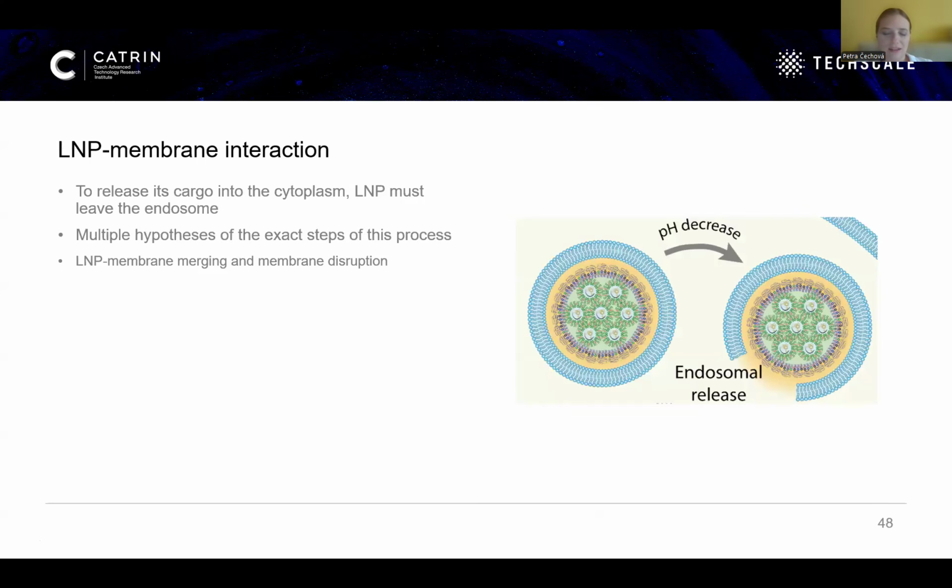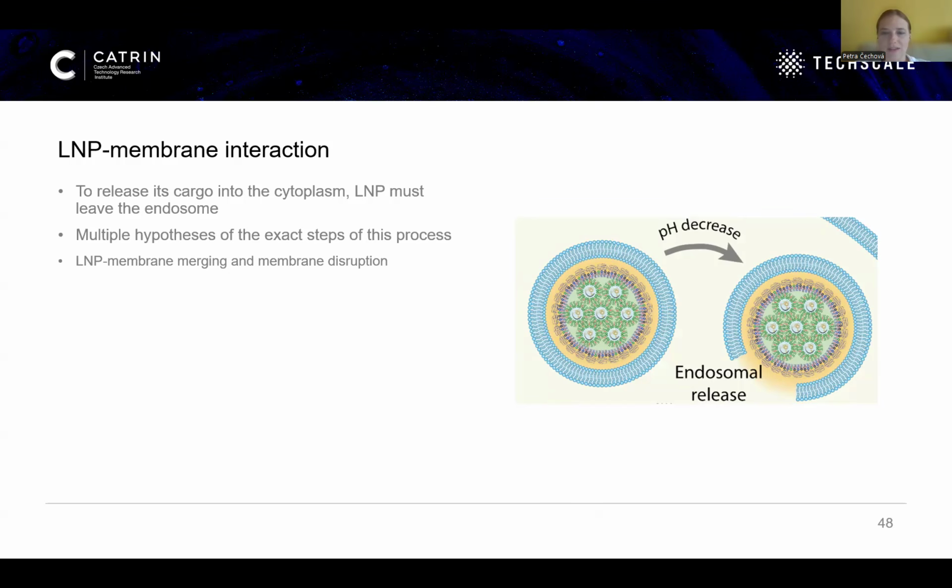And we prepared them to study this part of the life cycle of the lipid nanoparticle, because there are many hypotheses about how it actually gets outside of the endosome, or how it releases the cargo into the cytoplasm. And one of the hypotheses is that it merges with the membrane of the endosome. So we're like, okay, let's try that.